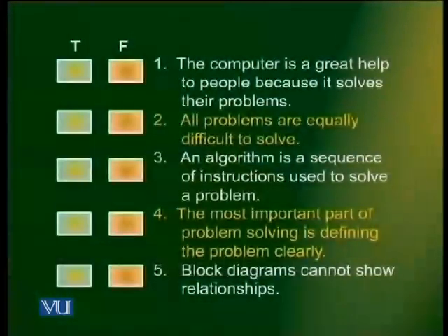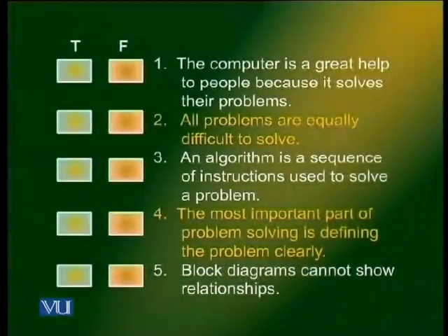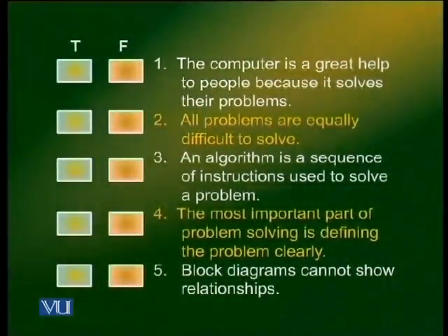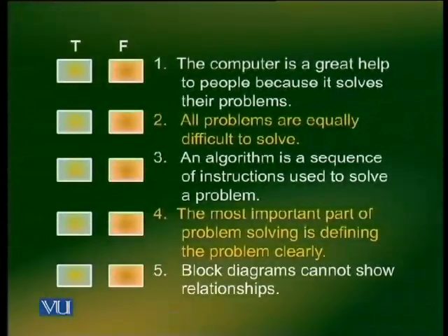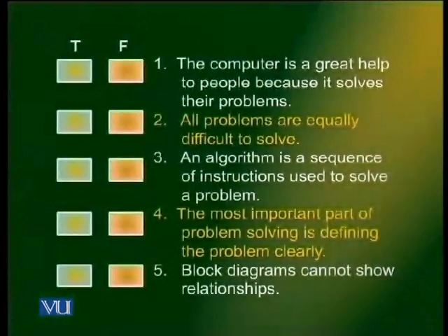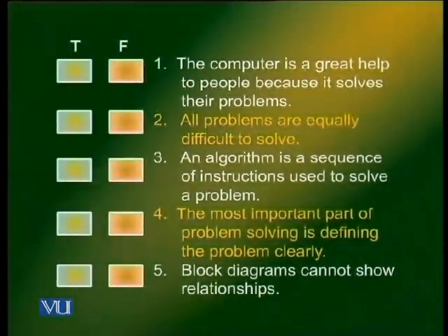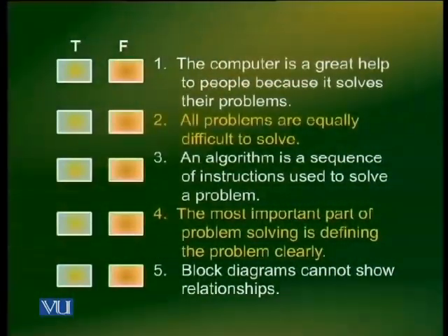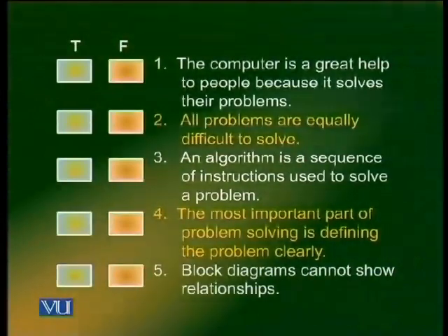Number 2, all problems are equally difficult to solve. No, it's a false statement, because not all problems are of the same difficulty. Right? And number 3, an algorithm is a sequence of instructions used to solve a problem. And this is what the text says.